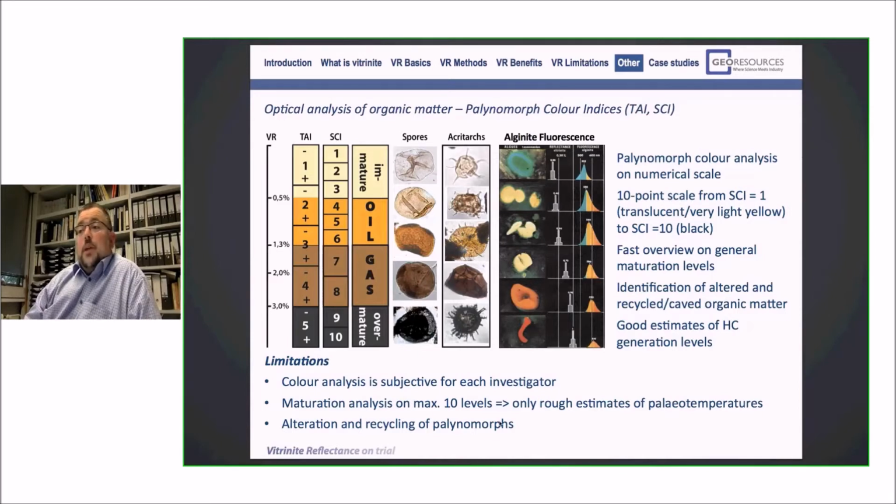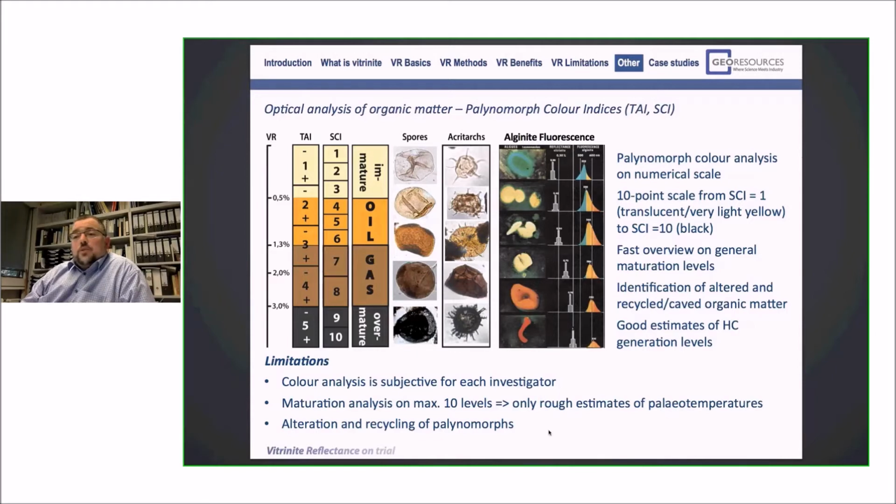Therefore, we only get a rough estimate of paleo temperatures, not as precise as from vitrinite reflectance. And again, we have the effect of alteration and recycling of palynomorphs that also has to be taken into account here in the acritarchs. But because we work with a microscope, we see the organic matter that we work with, we can identify this alteration and recycling very well.